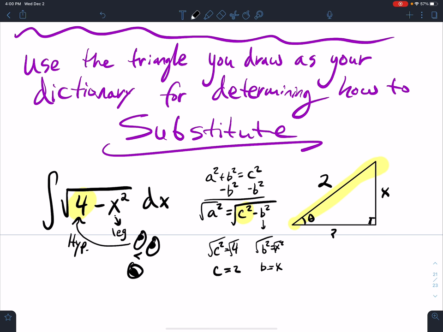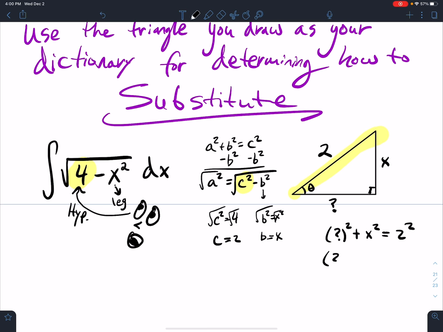I don't know what this side is, but if I use the Pythagorean theorem, something squared plus x squared equals 2 squared. So I have something squared, and then I subtract x squared from both sides, and that equals 2 squared minus x squared.